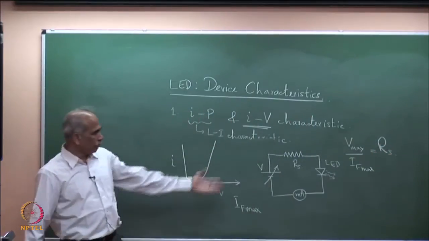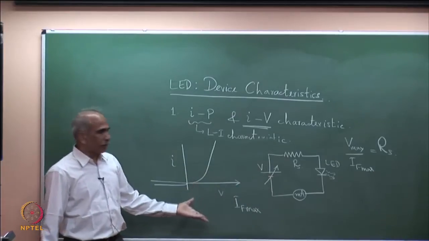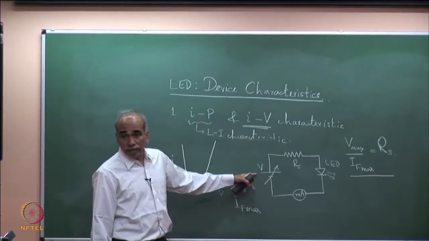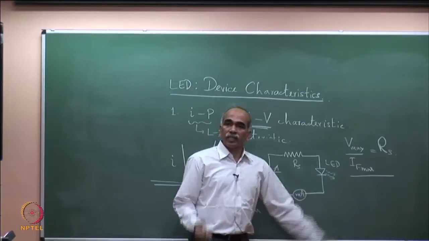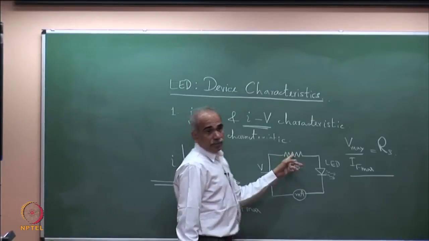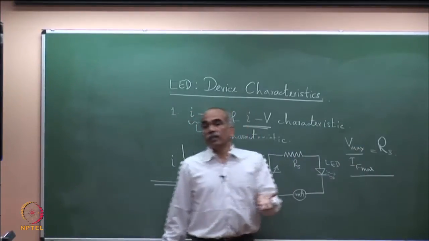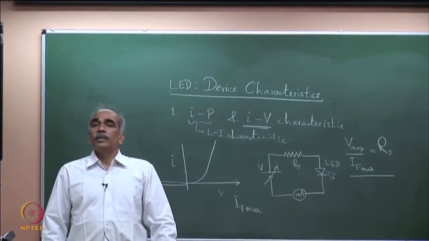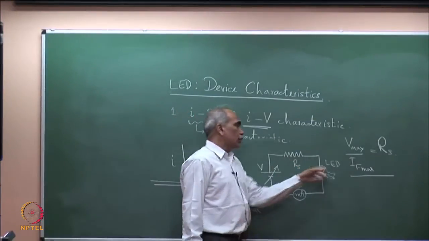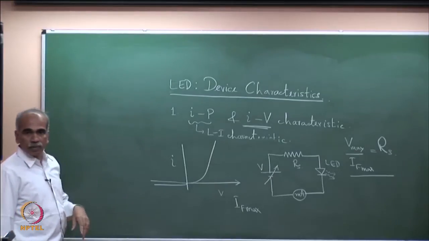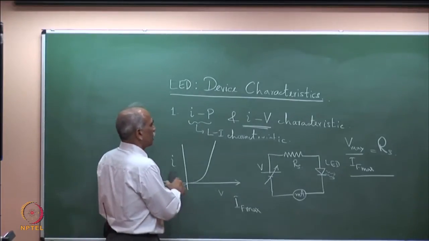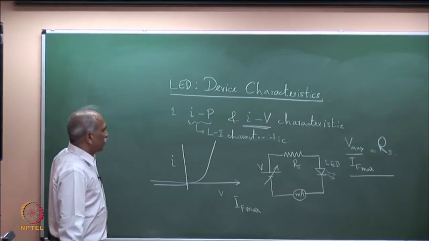Before you do this experiment, first calculate, if you are using a supply with maximum voltage V max, and IF max is the maximum forward current, then use the resistance Rs in series, so that by mistake you do not exceed the current and the diode does not get damaged. So, the series resistance is to protect the LED. This is the IV characteristics, one can measure it very easily, and I am sure some of you are doing this experiment.